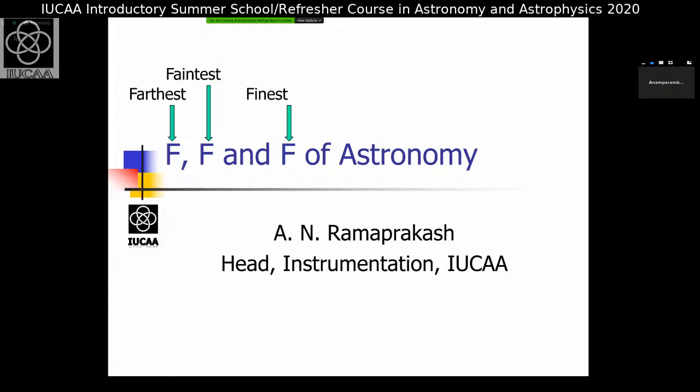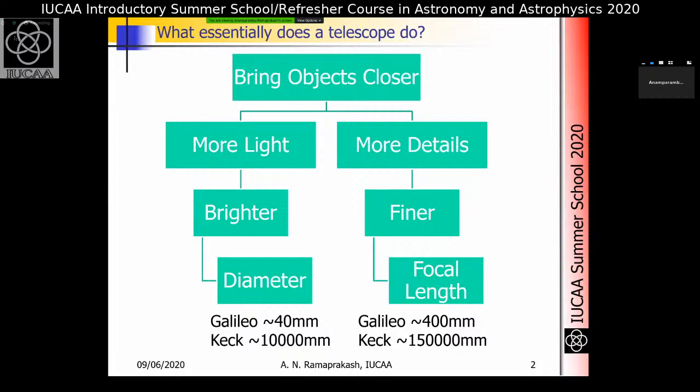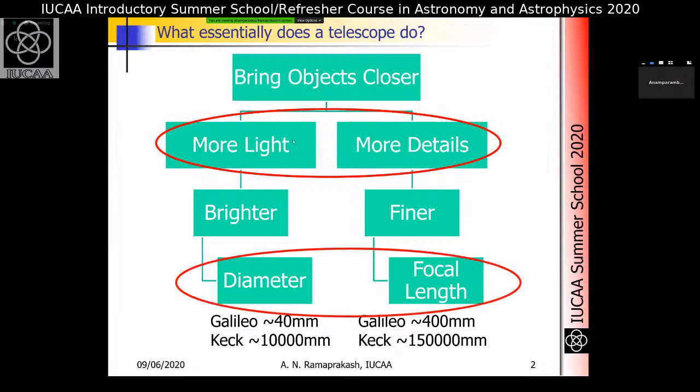So yesterday, when we talked about this, we said, look, the main tool of an astronomer is a telescope. And when an astronomer uses a telescope, it does two things for the astronomer. It collects more light from the object, and it allows the astronomer to see more details compared to a human eye. Now, we also found that it is the diameter of the telescope which defines how bright an object becomes, and it is the focal length of a telescope which defines what details the telescope can see.